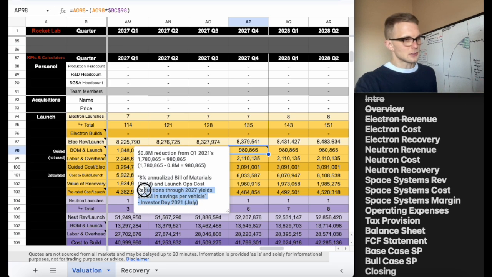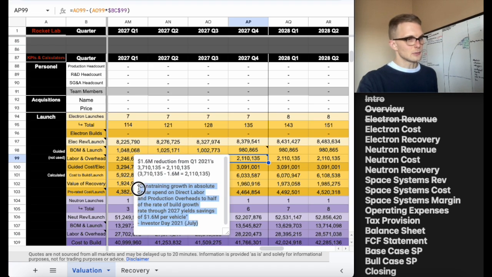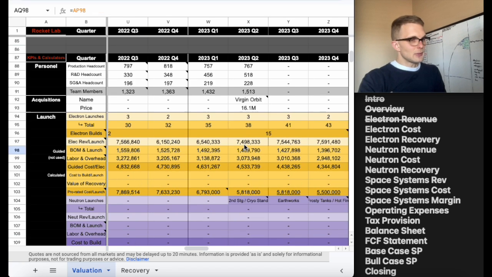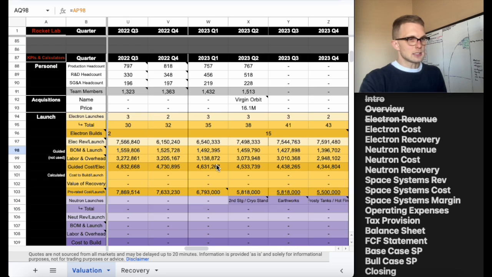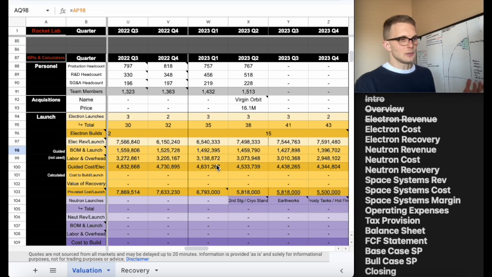If that didn't make sense, just pause the video here. There's a reference here from the Investor Day, and one here as well. So despite this not being on par, it does at least give us an idea of what kind of allocation we can expect for the materials and the expenses compared to the labor and the overhead for the vehicle build. So now that that's out of the way, let's talk about the Electron recovery.